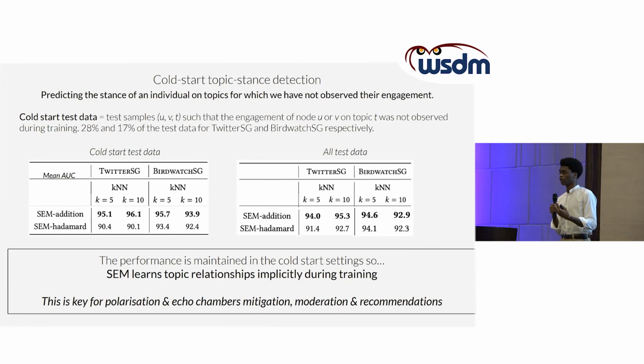And I think it means that SEM at learning time is able to learn topic relationships in an unsupervised fashion. And it's actually, as I said before, key for things like polarization mitigation. I've observed the opinion of someone on many topics. What can I say about other topics for this person?